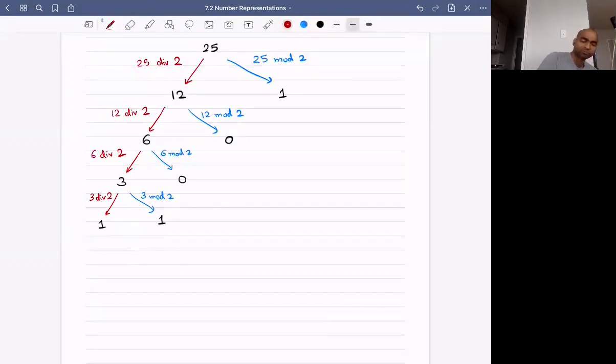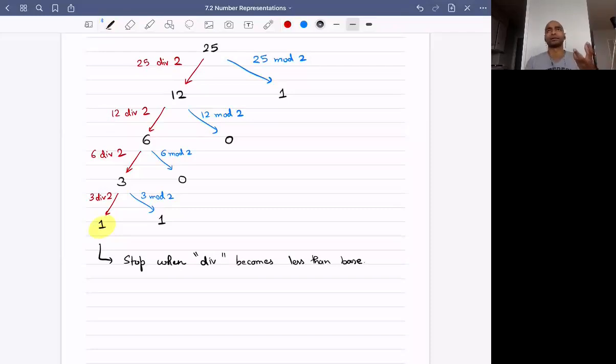So you stop when your div part becomes less than the base. In this case, our base is 2 and 1 is less than 2, so we stop.